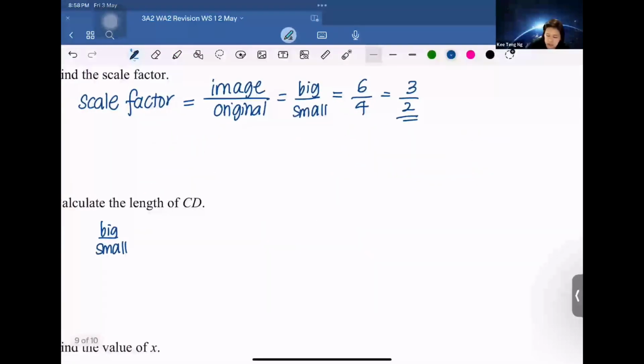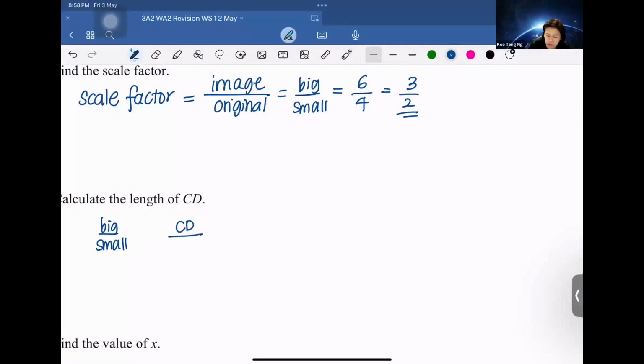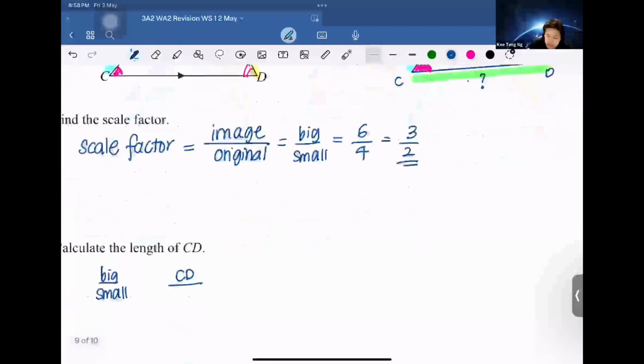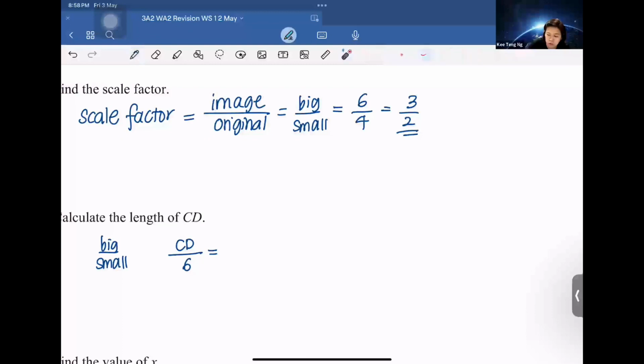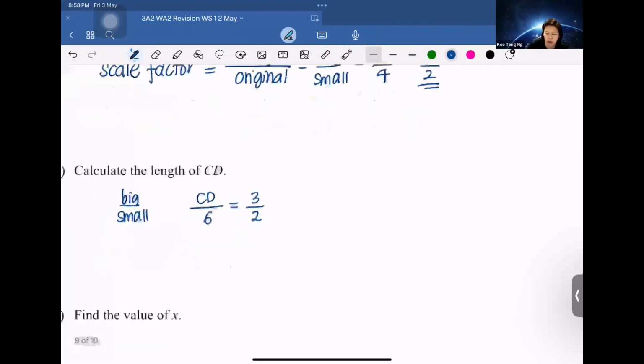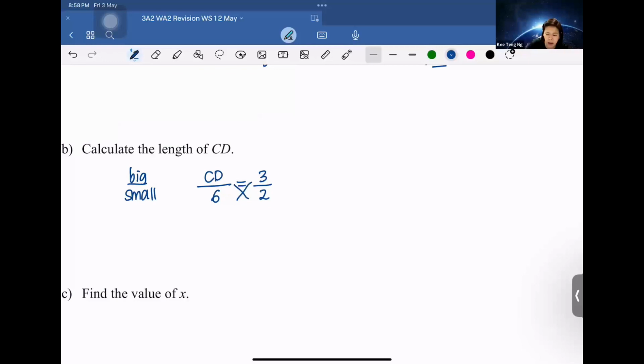So CD over 6 cm is equal to this ratio, this scale factor that I had, so 3 over 2. Then with that, what can we do? We cross multiply, right? So 2CD equals 18, CD equals 18 divided by 2, 9 cm.